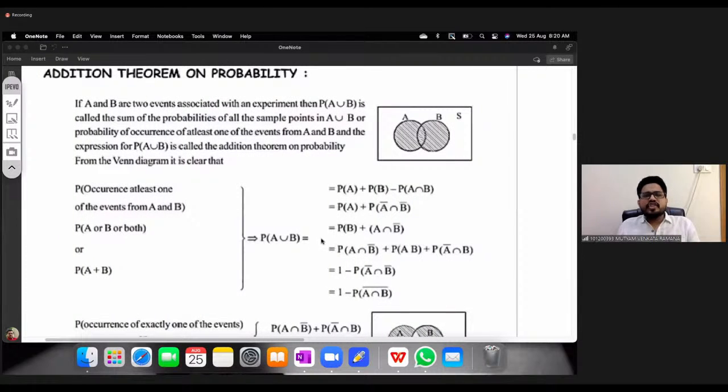Addition theorem of probability. What is this theorem?